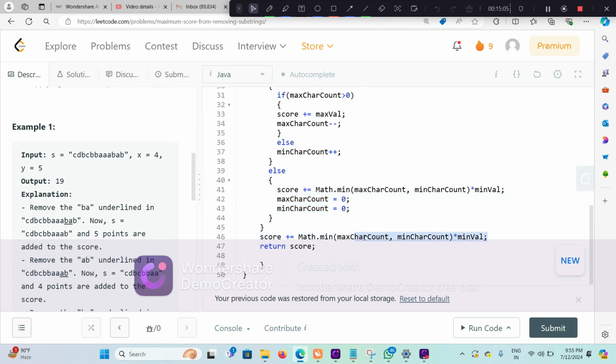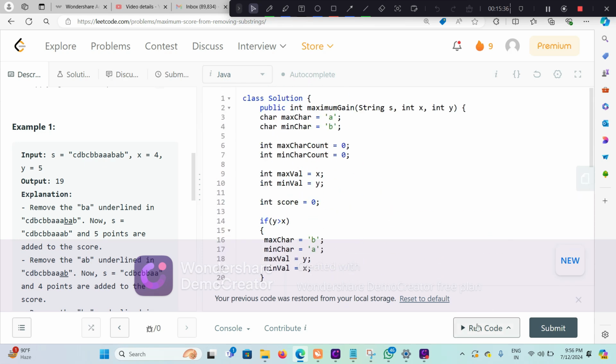So here also in this loop we might have left certain max char count and min char count, right? We might have left them in this process because the last step might be skipped, correct? So for that reason here I am checking whether there is something still there which can give us some value of the minimum type, like AB in this case. And finally we are returning our score. Okay, so this would be my approach.